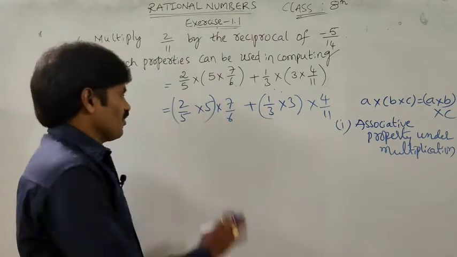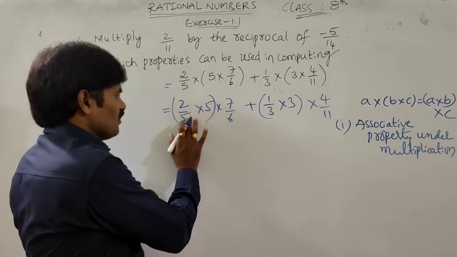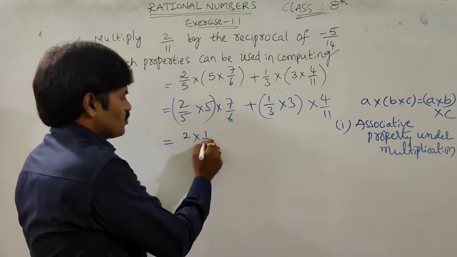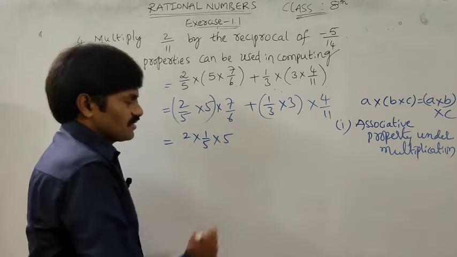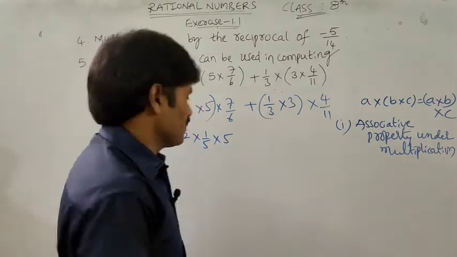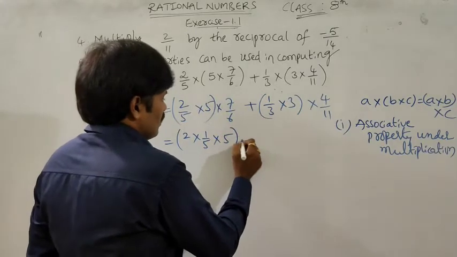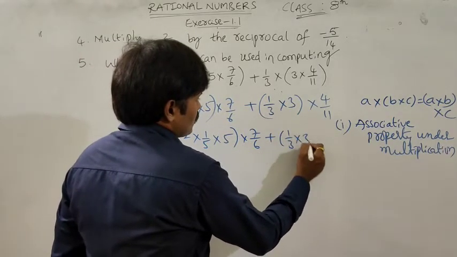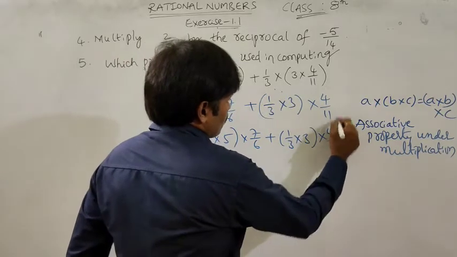Clear? Now if you observe this 2/5 into 5, 2/5 can be written as 2 into 1/5, or not? Again we can apply here the property a into b into c and write it like this, into 7 by 6 plus 1/3 into 3 into 4 by 11.